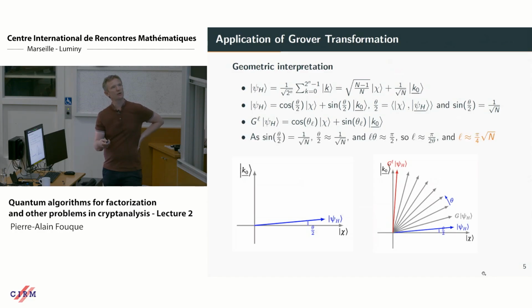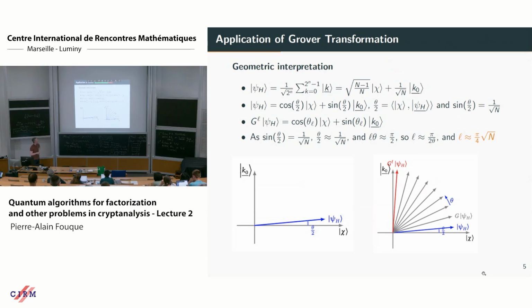In order to know exactly how many steps you have to do, the first thing you do is see that theta over 2 is small. If the angle is small, you know that the sine is equal to the angle. So you know that theta over 2 is about 1 over square root of N. And at the end, the angle will be about L theta, because theta is very small, and L theta is about pi over 2.